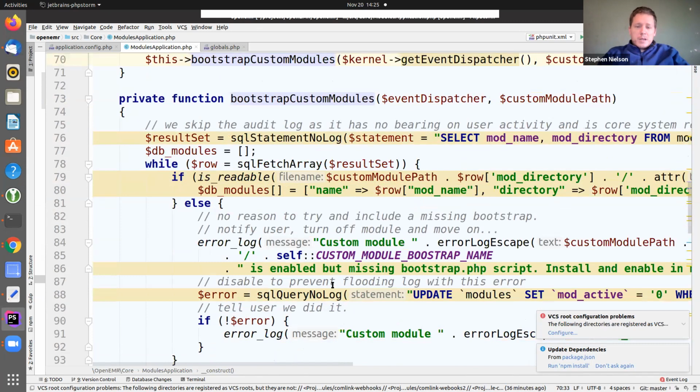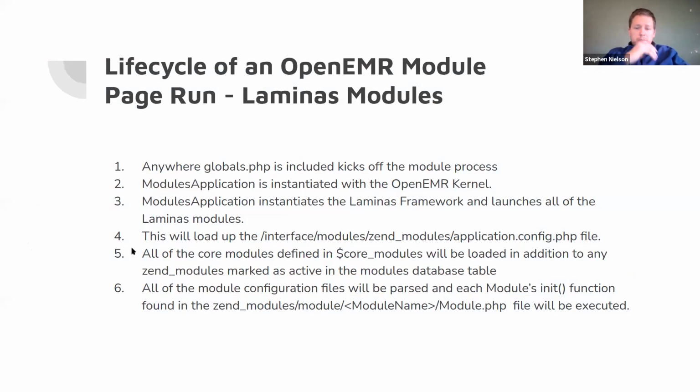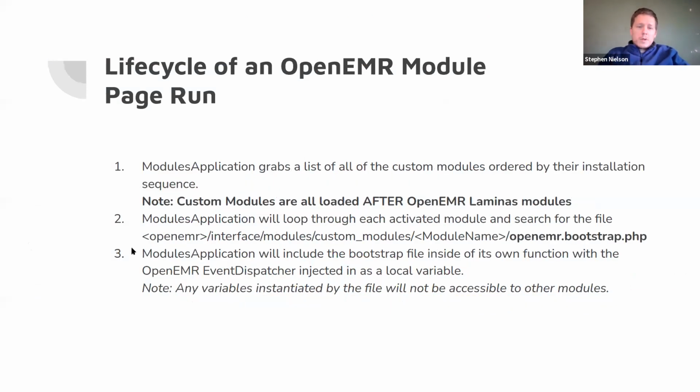Now, let me jump into the custom modules' lifecycle a little bit more. The custom modules are going to be retrieved by their installation sequence, so the order that a user installs a module is the order that it will run. As I mentioned, it's important to note that custom modules are loaded after the OpenEMR Laminas module.